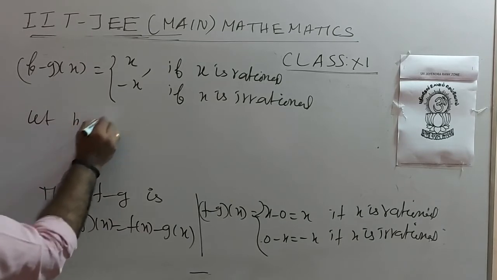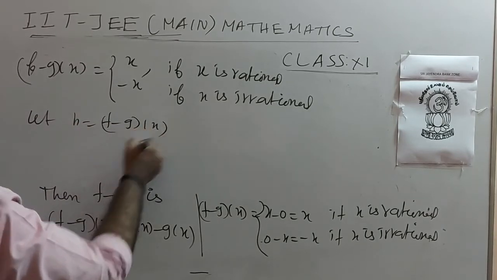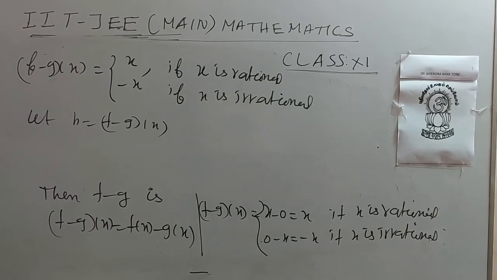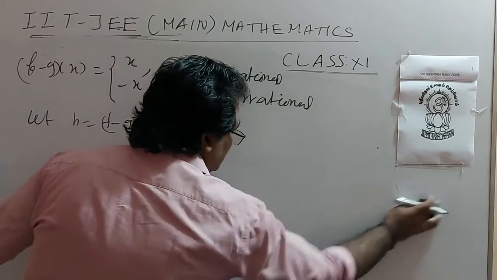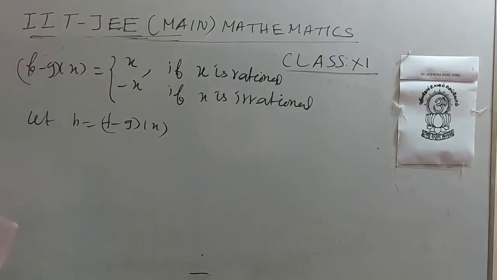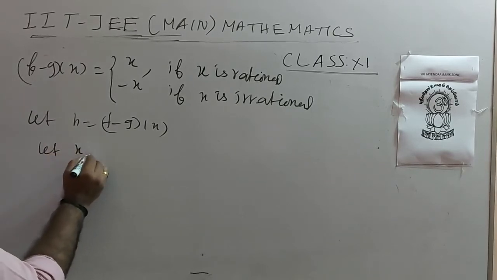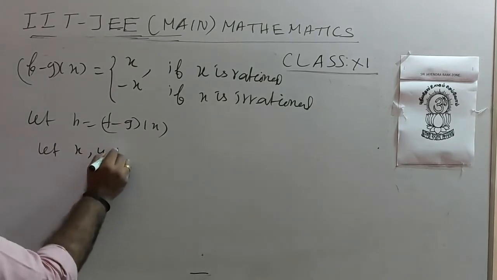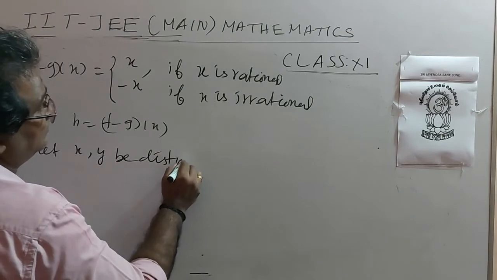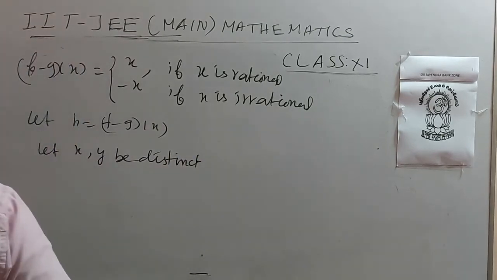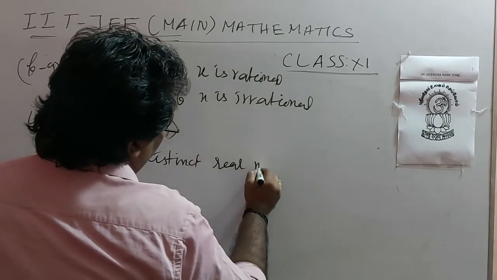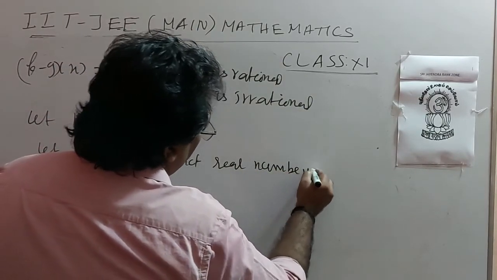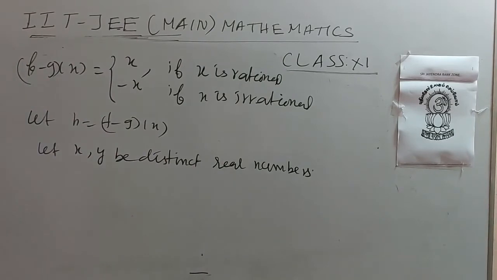Let h equal to f minus g of x. Let x comma y be distinct real numbers. Real numbers means it consists of everything, a number which can be either rational or irrational.